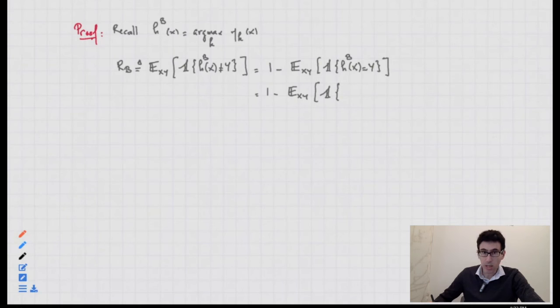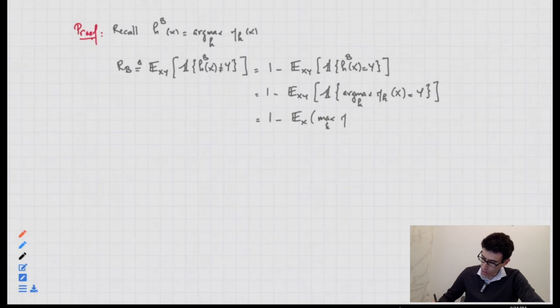Well, it's the case when the argmax over all possible labels that I assign of eta k of x, that's what my Bayes classifier does, is indeed equal to y. So what I'm claiming here, maybe a bit fast, is that this is actually equal to 1 minus the expected value over x of the max value over k of eta k of x.